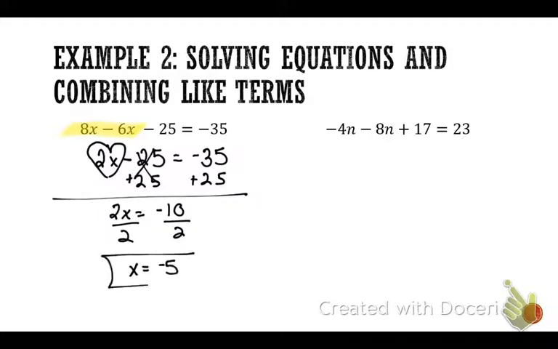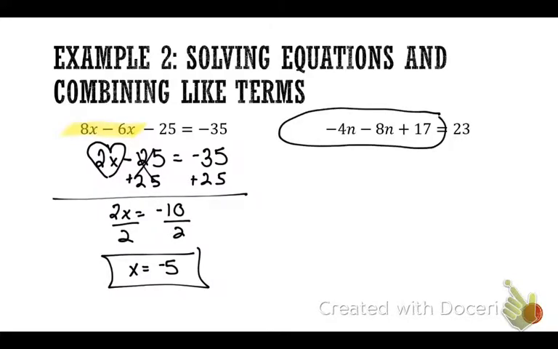All right, so I know several of you have already started the next problem. Okay, but what I want to start with is what terms do you think you can combine? As soon as you see more than 2, there's something to combine. Okay, what 2 terms do you think you can combine? Over here, tell me. Right, because they both have an n, right? So look at the signs in front of each term.